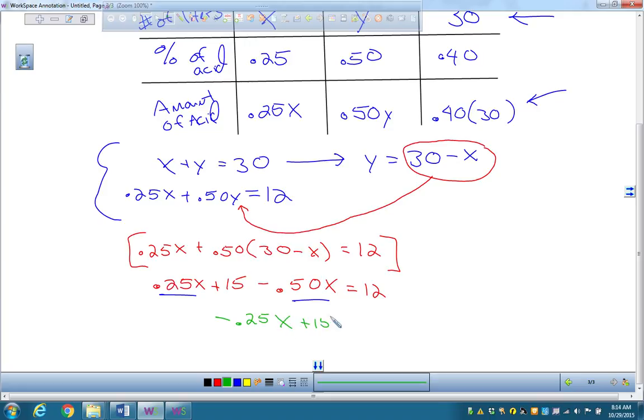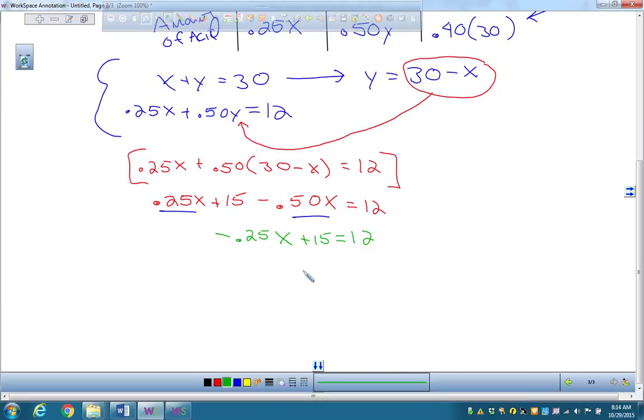plus 15 equals 12. I'm going to subtract 15 from both sides. Subtract 15, subtract 15. I get negative 0.25x equals negative 3. And then I divide both sides by negative 0.25, which is the same, by the way, as multiplying by something.